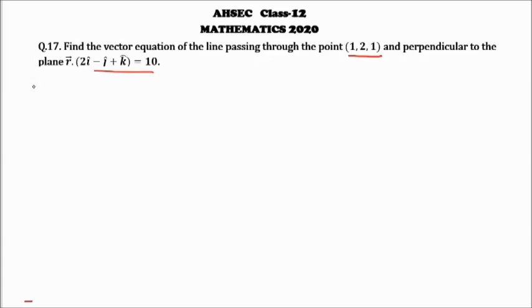Okay. So let's start the solution like this. So we have our plane is r vector dot (2i cap minus j cap plus k cap) equal to 10.